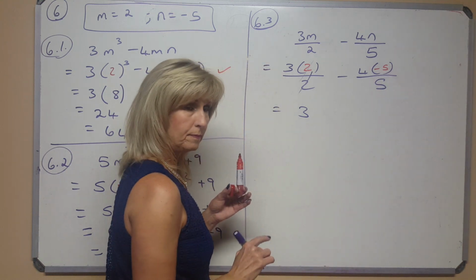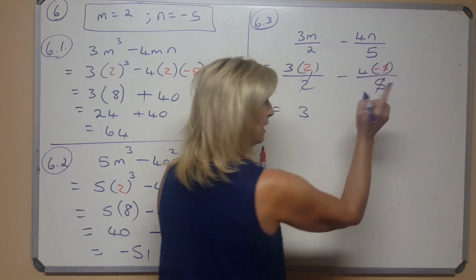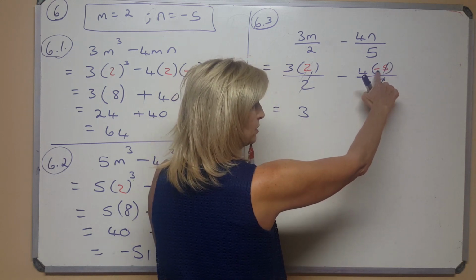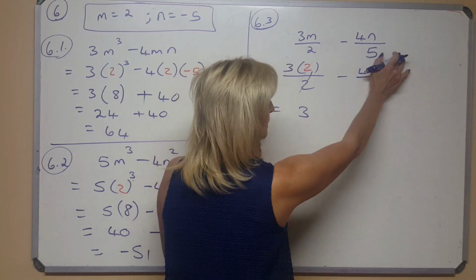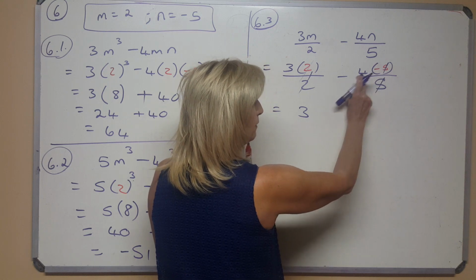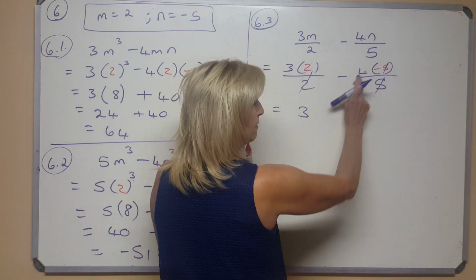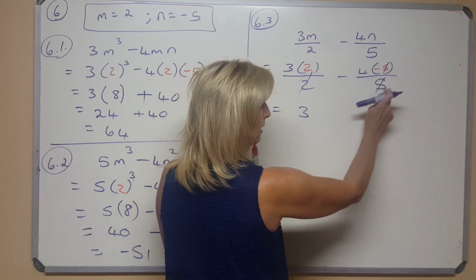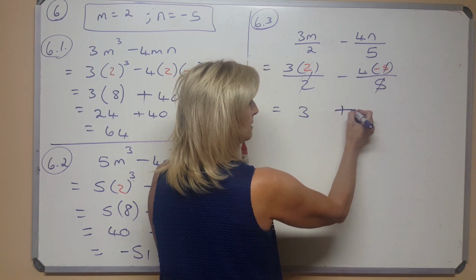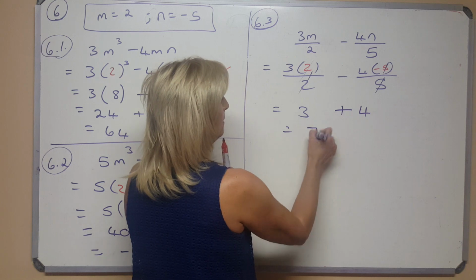Jy mag. You may cancel out, but be careful, there's still that minus there to consider. So dis nie niks wat hier oorbly nie, dis 'n min 4 mal 'n min 1 wat oorbly. It's not just negative 4 that's left. When I do cancel out, it's a minus times a minus is a plus 4, which gives me 7.